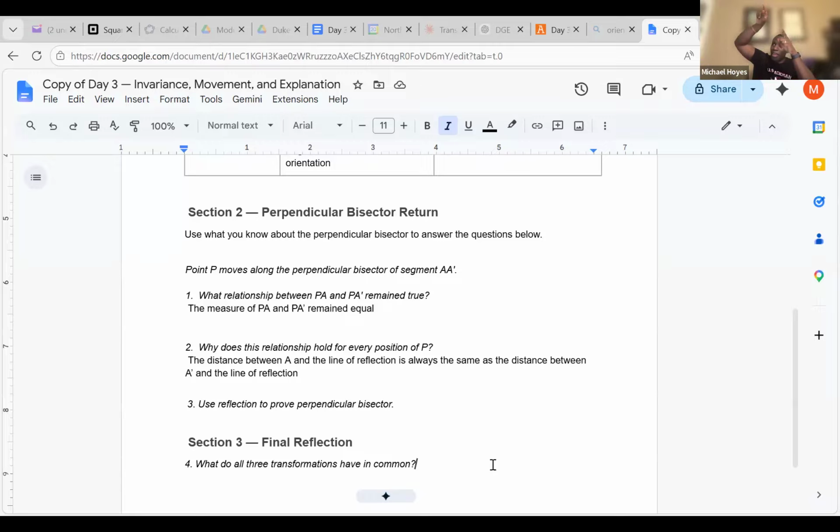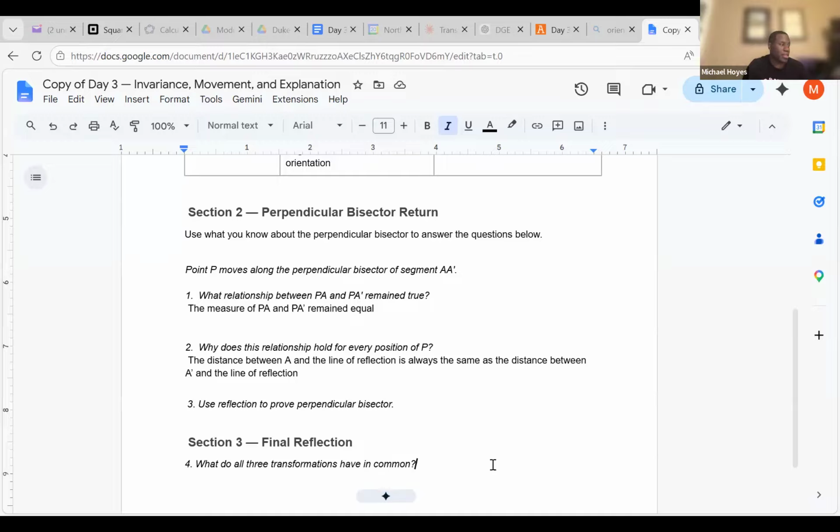The location of those points will be oriented the other way, but the length is preserved all the way across. That entire distance will be preserved as we move it, because reflection preserves distance. That's where we're getting at. It holds for every position of P because reflection preserves distance.